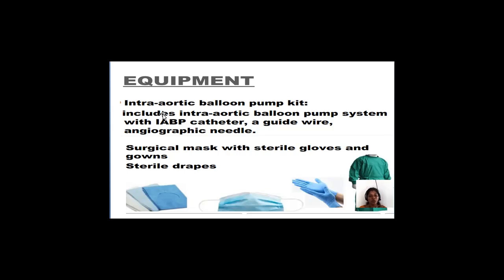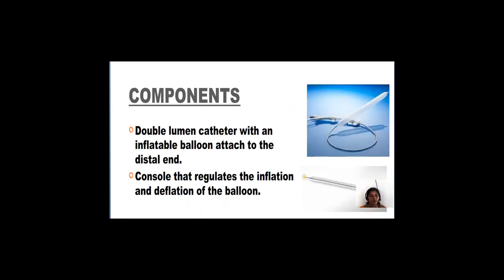It includes mask, sterile gloves, sterile drapes, and gowns also. These are the components required for IABP surgery: double lumen catheter and the console that regulates the inflation and deflation of the balloon. This is the catheter injection.